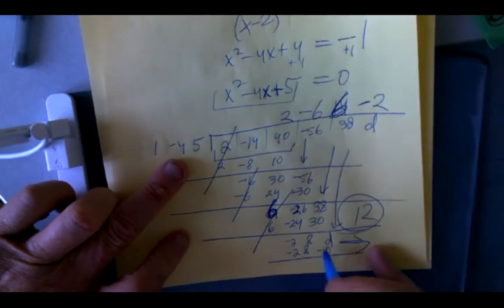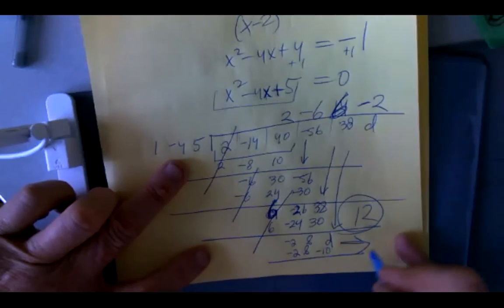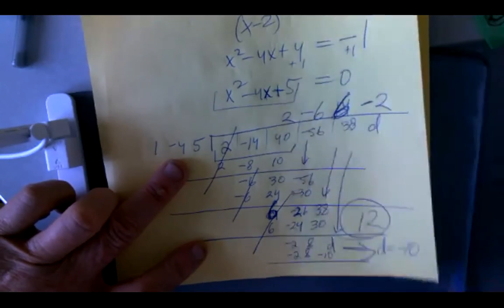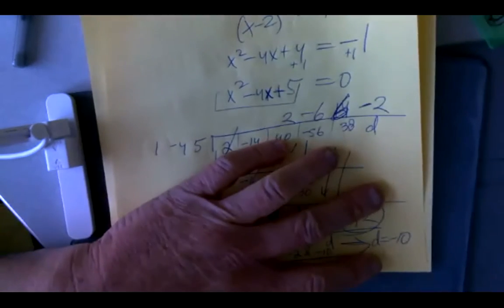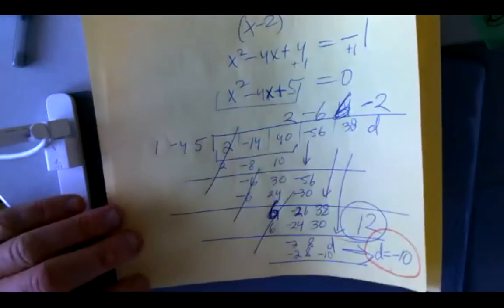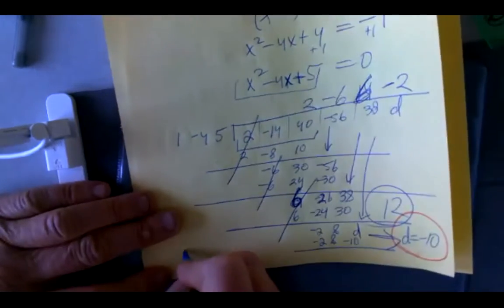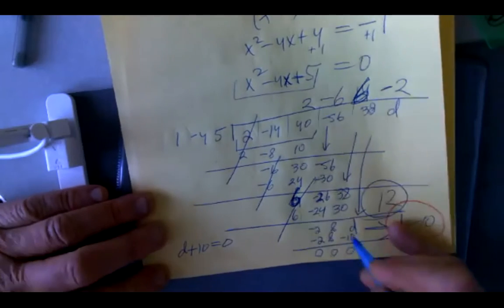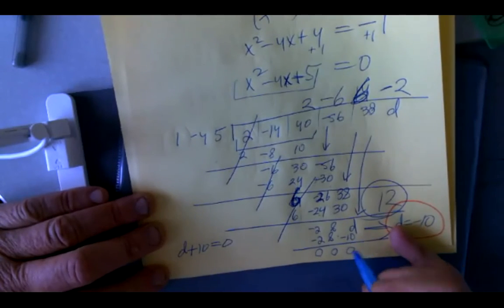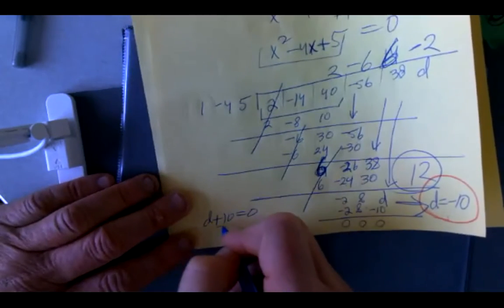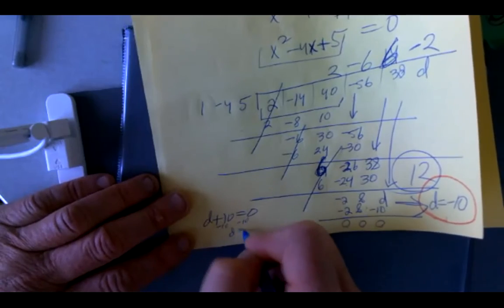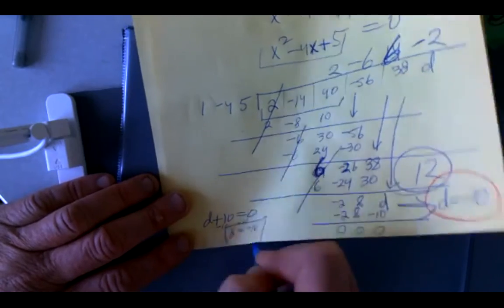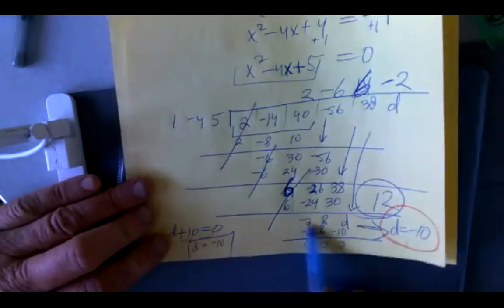You could just write D equals negative 10, done. Or you could say D plus 10 equals 0, because this has got to zero out. D minus a negative 10 equals 0. There are two ways, but I don't mind on the test if you just jump to D equals negative 10.